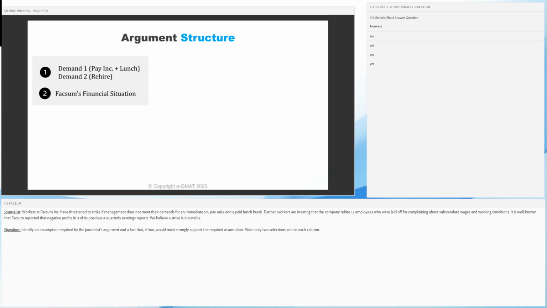So they essentially have these demands, and then we're given the context with regards to the financial situation that Faxum has, and it's not great. And based on that, the author is saying that the strike's going to happen. The strike's inevitable. Okay. That's the simplified structure of the argument, right?